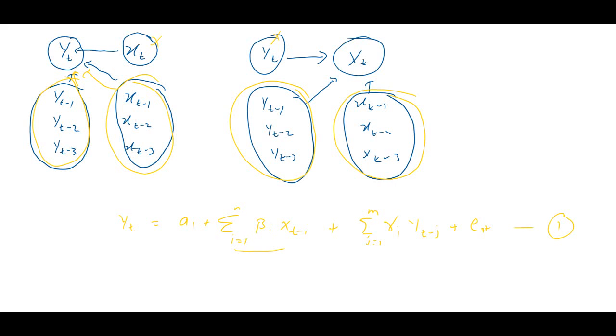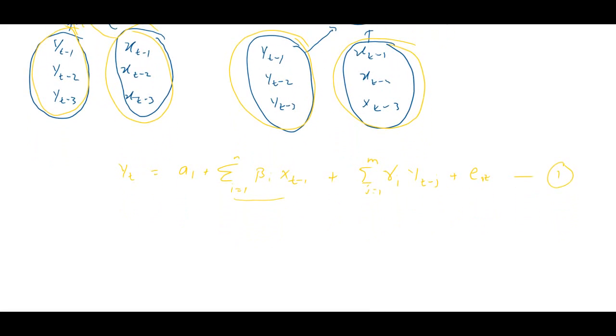We also write an equation for xt, and xt has an identical equation. We just rename the variables: plus a2 plus summation i equal to 1 to n.